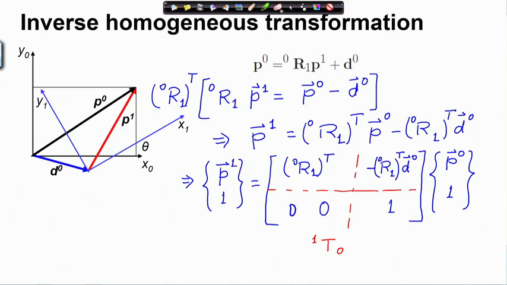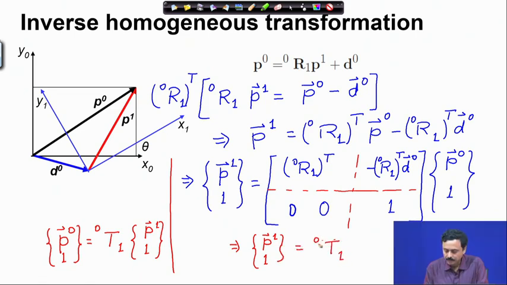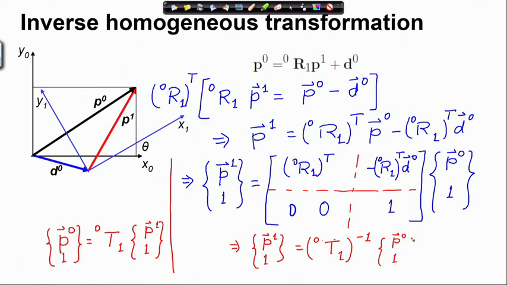We will write it as, so we have this notation: P 0, 1 is the transformation from 1 to 0 of P 1, 1, and here we have P 1, 1 is equal to T 1 to 0 inverse of P 0, 1.